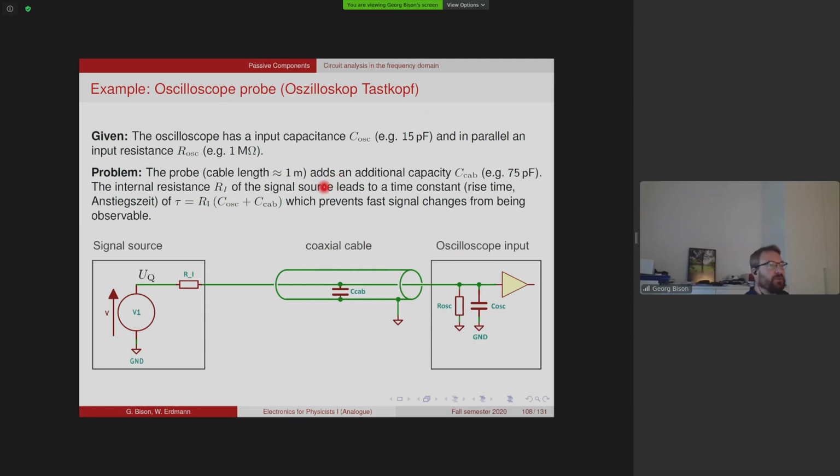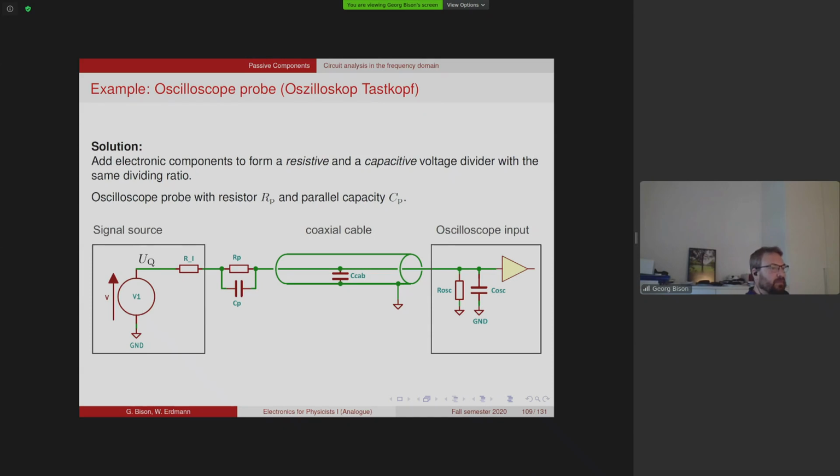Concrete values are, for example, 15 picofarad for the capacitance in the oscilloscope, a megaohm for the internal resistance of the oscilloscope, and then a meter of cable can add something like 45 picofarads. Of course, this internal resistance together with these two capacitors builds an RC circuit, and so this prevents us from recording fast signal changes.